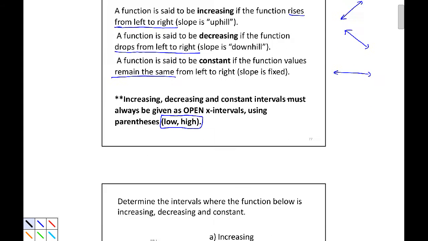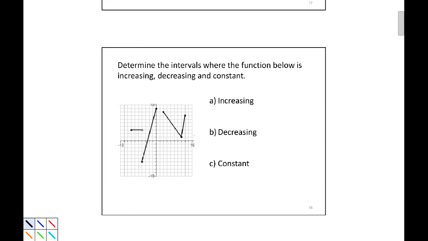Let's look at a couple of examples here. Determine the intervals where the function below is increasing, decreasing, and constant. Well, this function is increasing from here to here. Again, we're going to use parentheses for this, but that goes from negative 4 to 0.